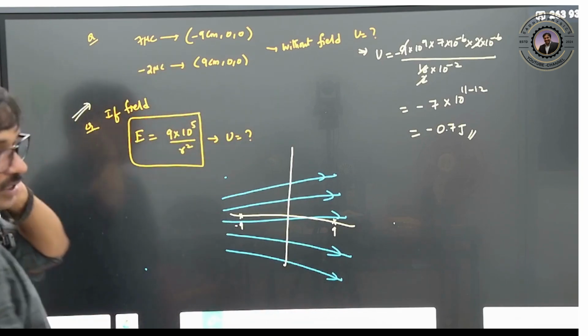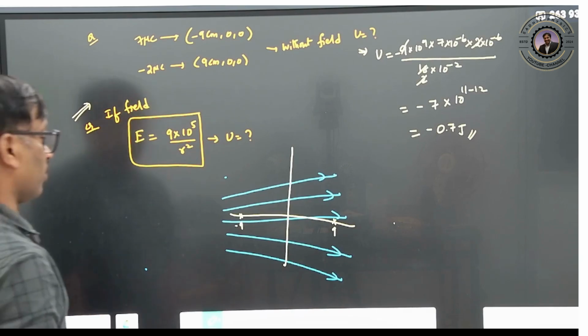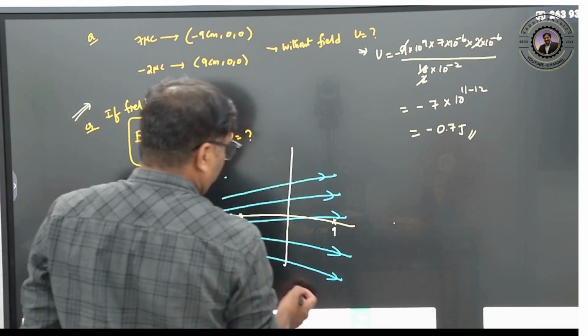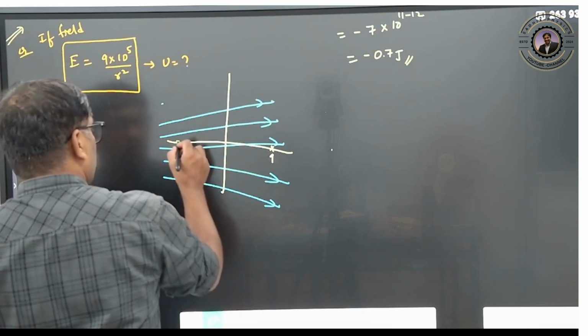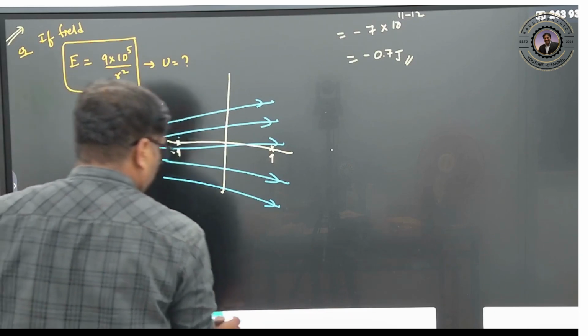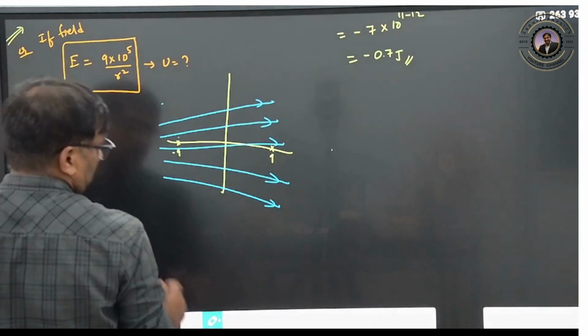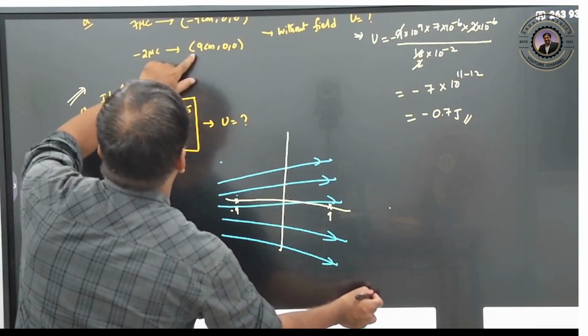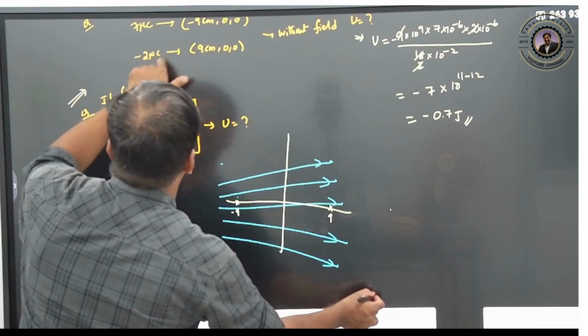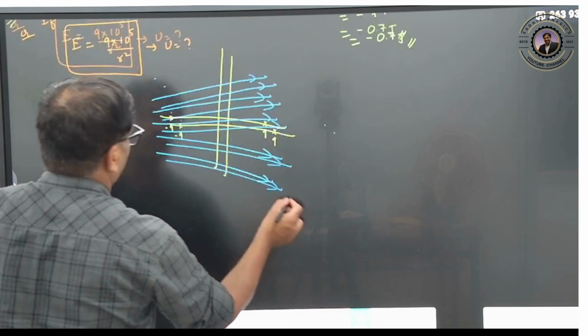So what will be the potential energy associated with this? Here, not only due to these two charges, we have to consider the charge in the field as well. Where is it located? This 7 microcoulomb is at minus 9, and 2 microcoulomb is at 9.